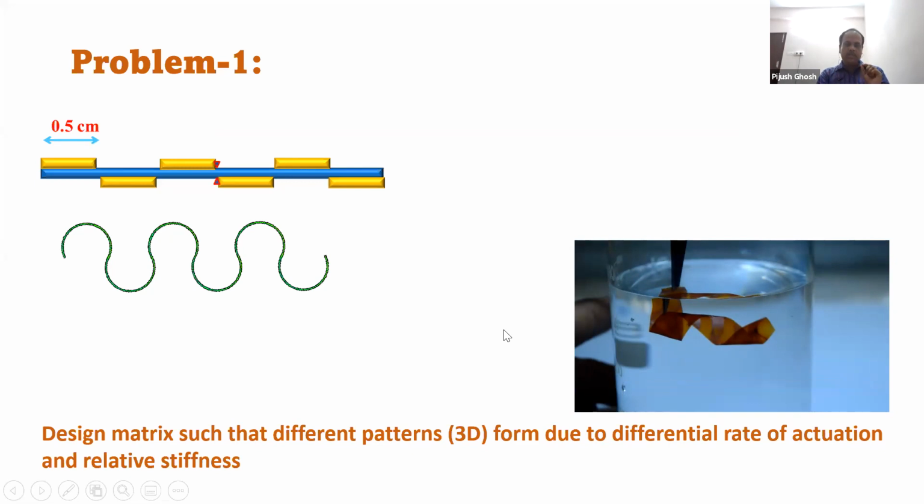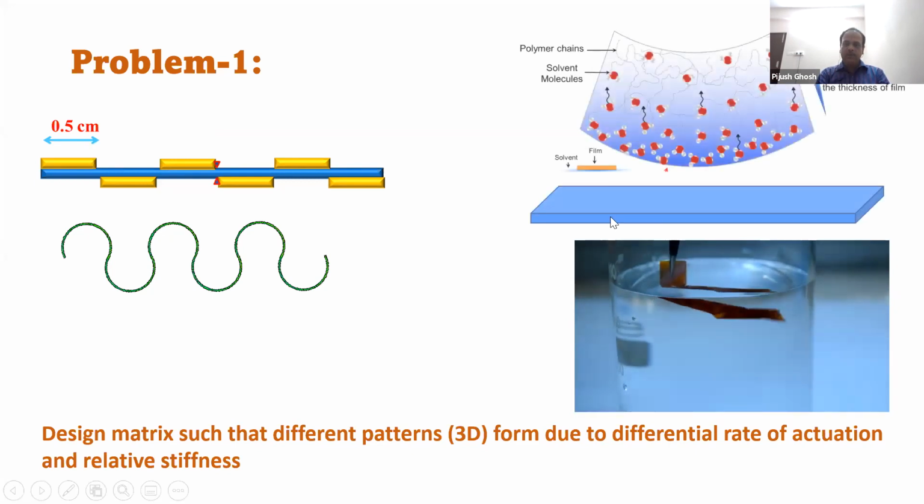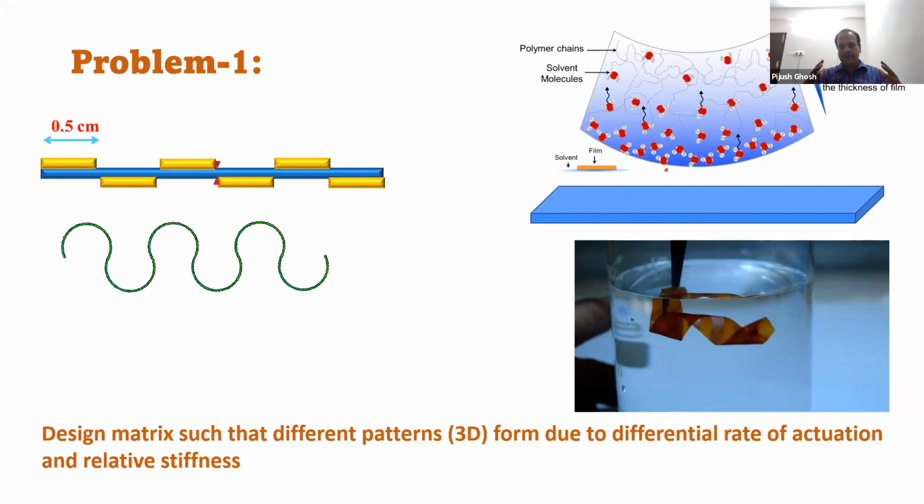So what we are thinking is, if we can come up with some novel materials and distribute them in the matrix itself, for example across the cross section, or on this top view of the film, and this is a cross section. So we can have a distribution of such materials which leads to a differential rate of actuation and relative stiffness. Then probably we can get different patterns.